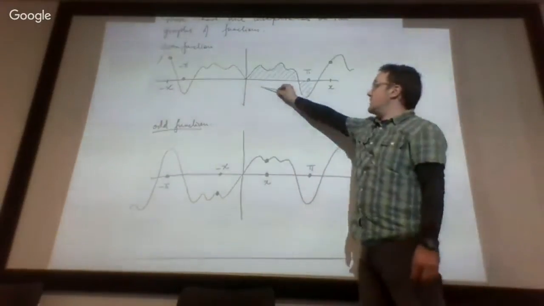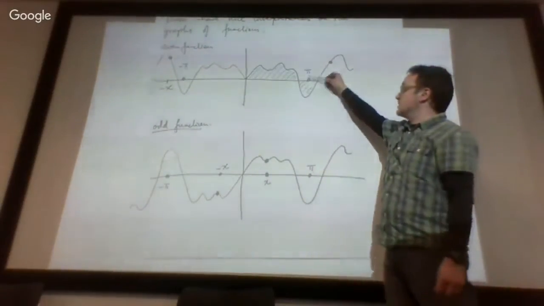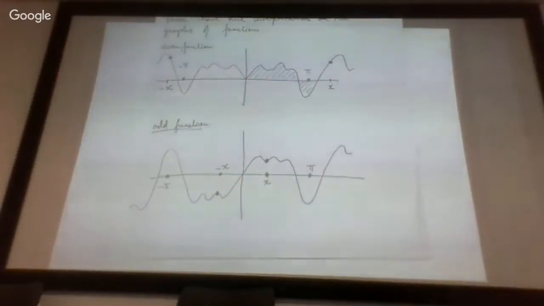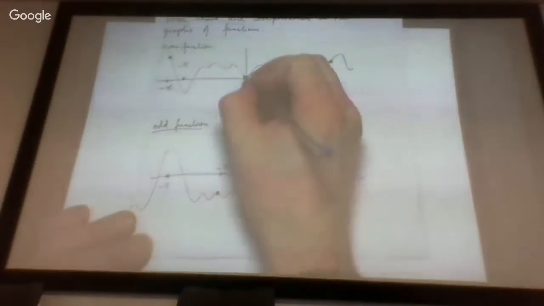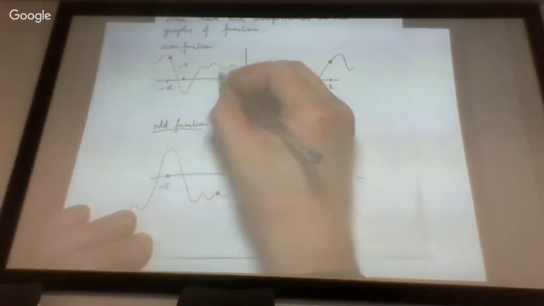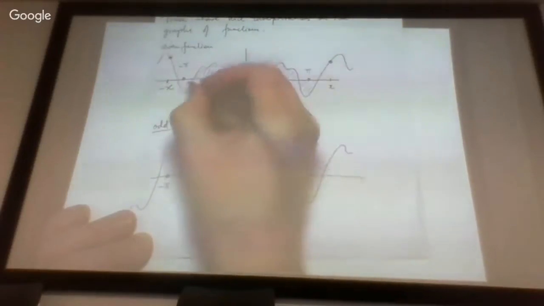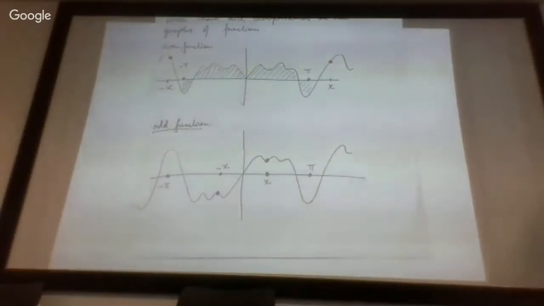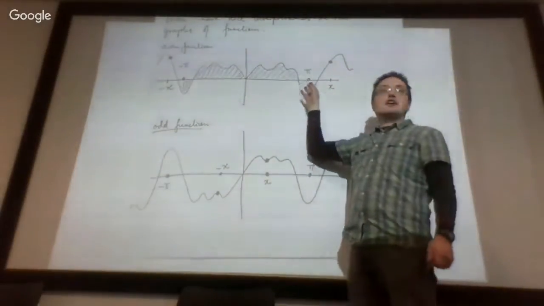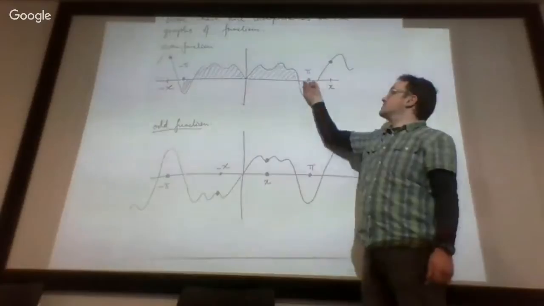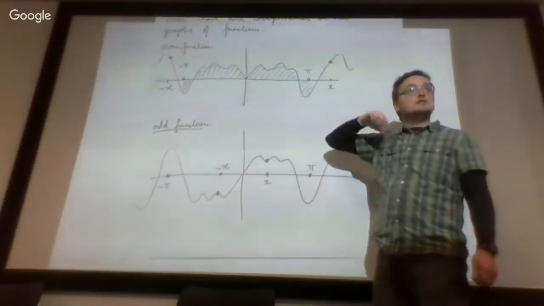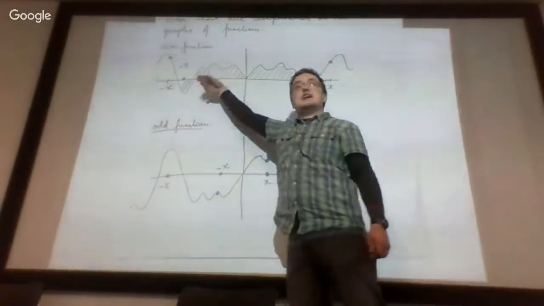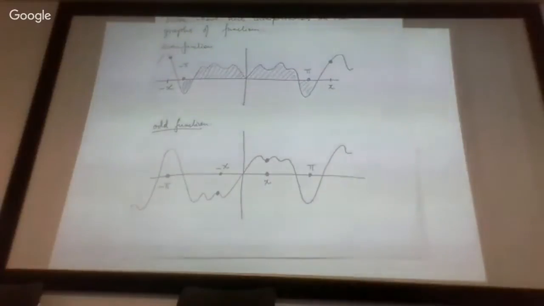So when you integrate it on the positive half from 0 to pi, you get a certain value. But when you integrate it on the negative half of the domain, you get exactly the same contribution again. So you get some kind of signed area, a largish positive area, subtracting this smallish negative area. We get exactly the same contribution on the left-hand side.